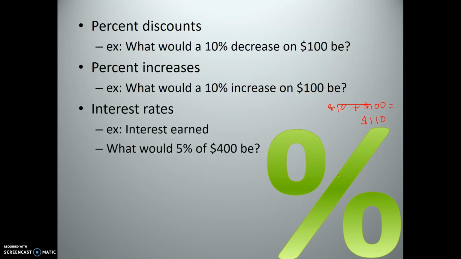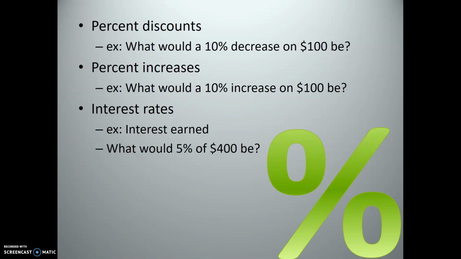All right, another example with percent increases, interest rates. So I'm sure a lot of you have bank accounts. And if you deposit money in your bank account, you are paid some amount of interest every year by the bank. The interest rate is the percentage earned in 1 year on the amount of money you invested.